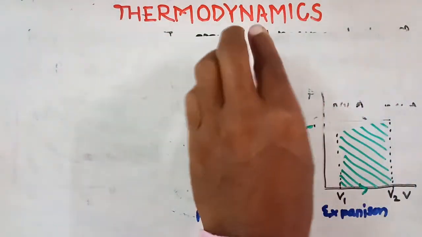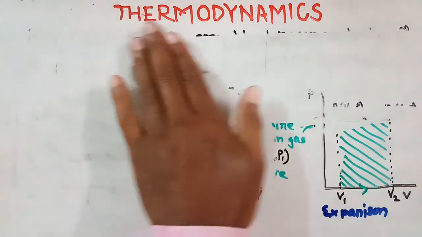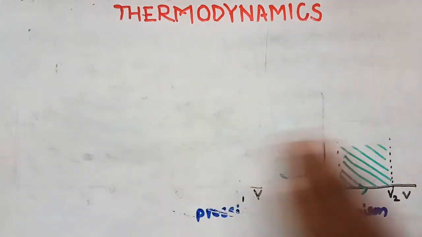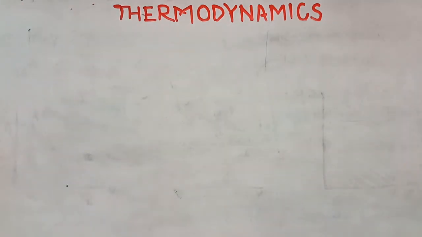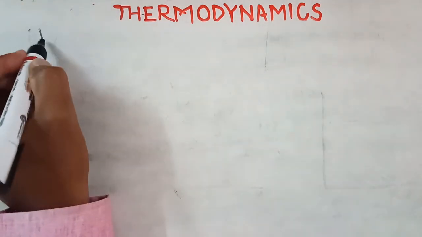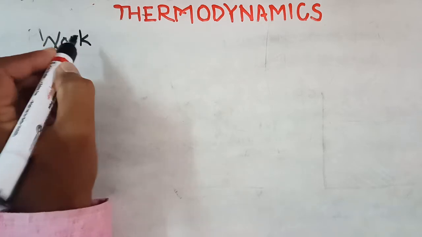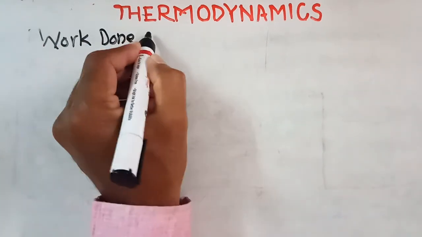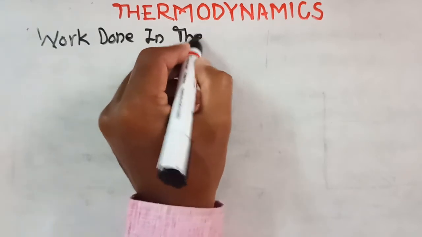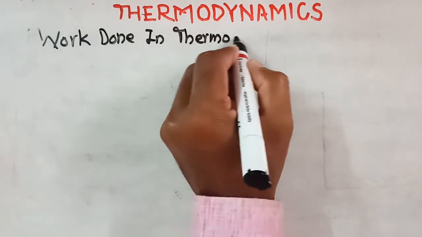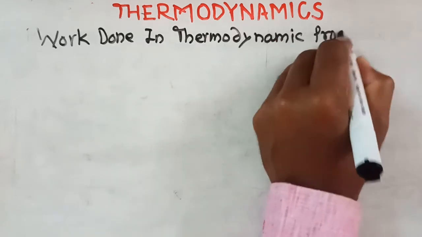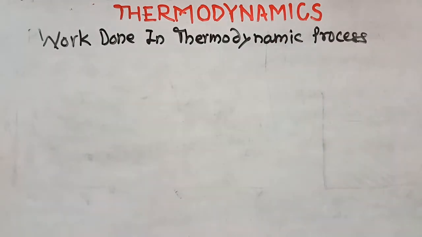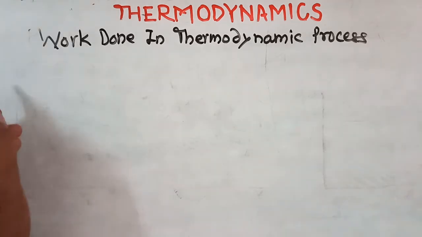How much work is done in the thermodynamic process, that we are going to see. What is thermodynamic process? When the state of a system is going to change, that is thermodynamic process.